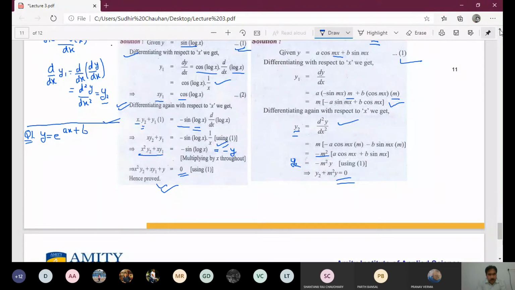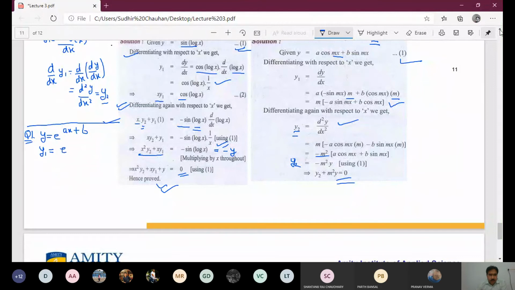Yes, sir. So, whenever we have to differentiate, we will write the first differential coefficient as y1. Differentiating, we get y1. What will be the value of y1? A multiplied by e raised to power ax plus b.